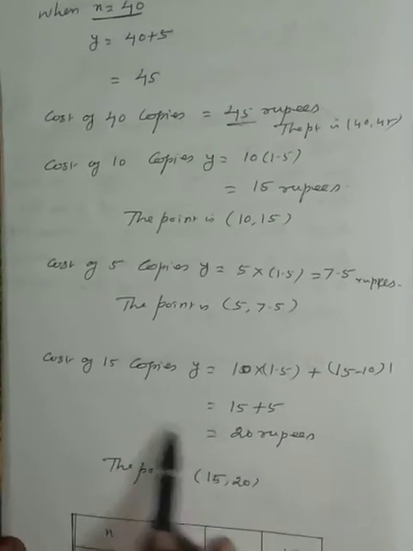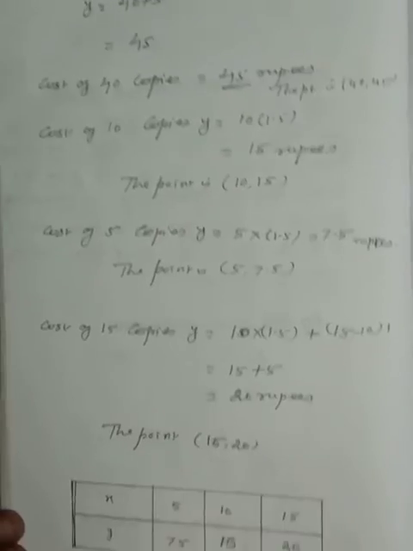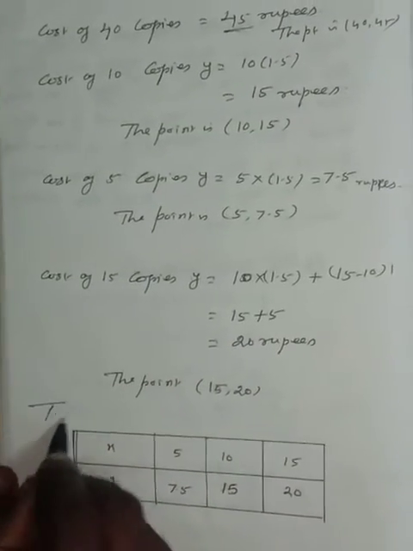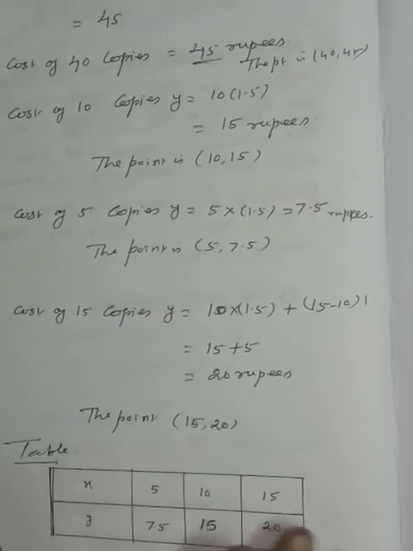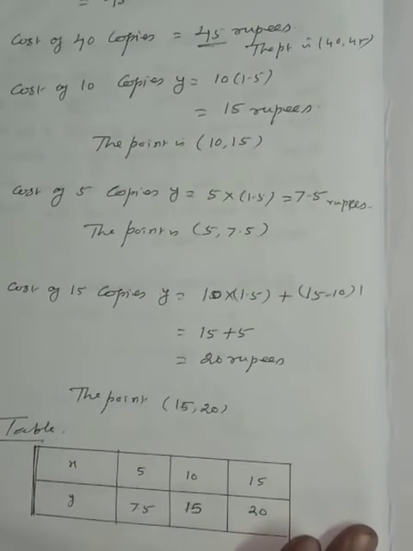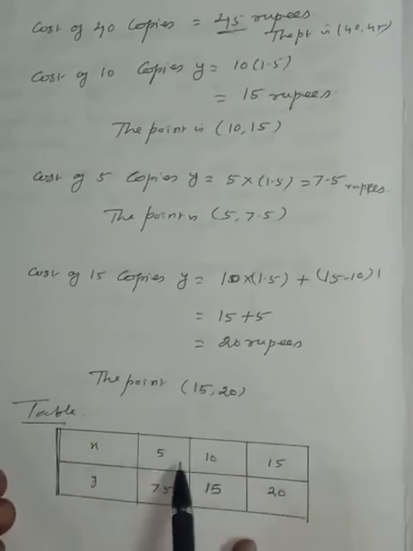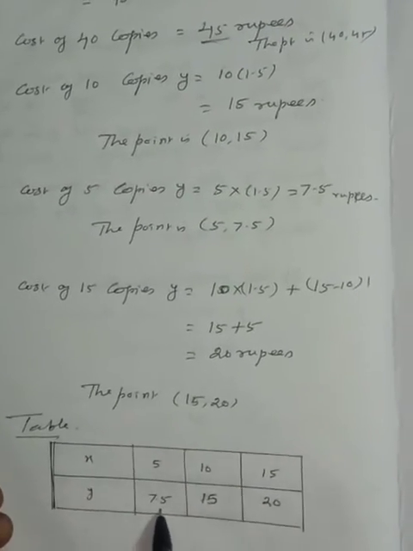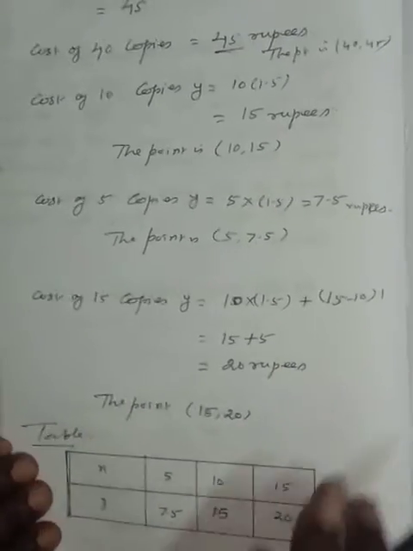Applying 15, we get 20. Therefore the point is (15, 20). The table of cost in rupees: x and y. 5 copies, 7.5 rupees; 10 copies, 15 rupees; 15 copies, 20 rupees.